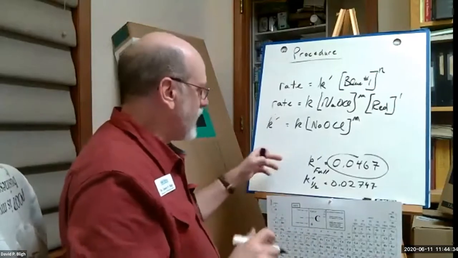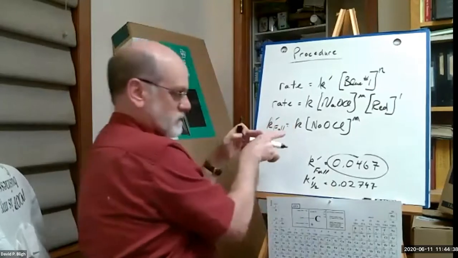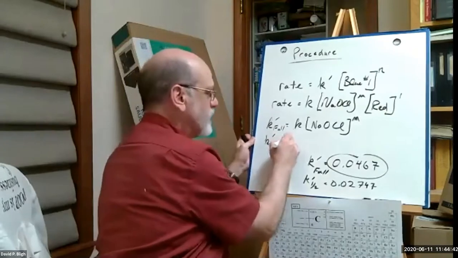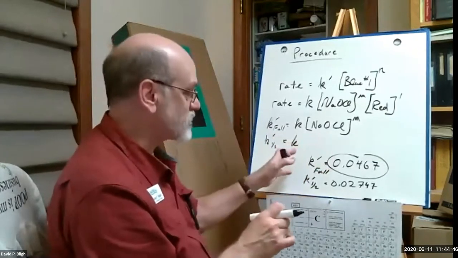These are two different values, and this half prime would have the same K. That K didn't change.